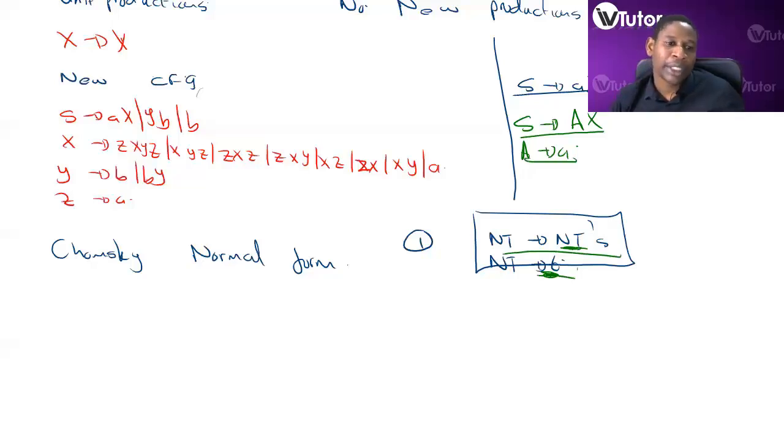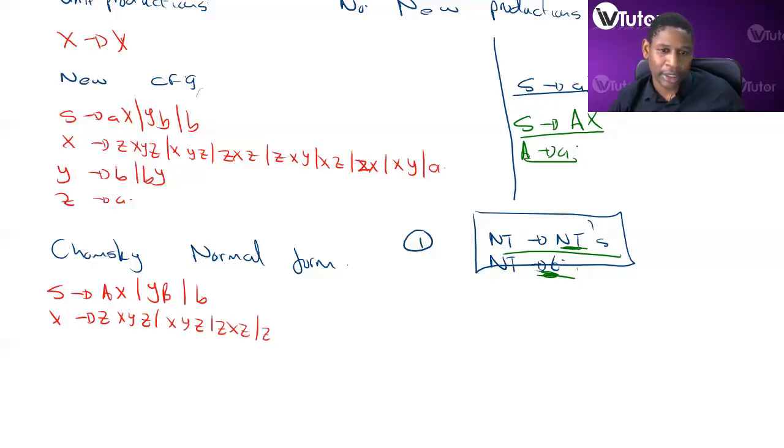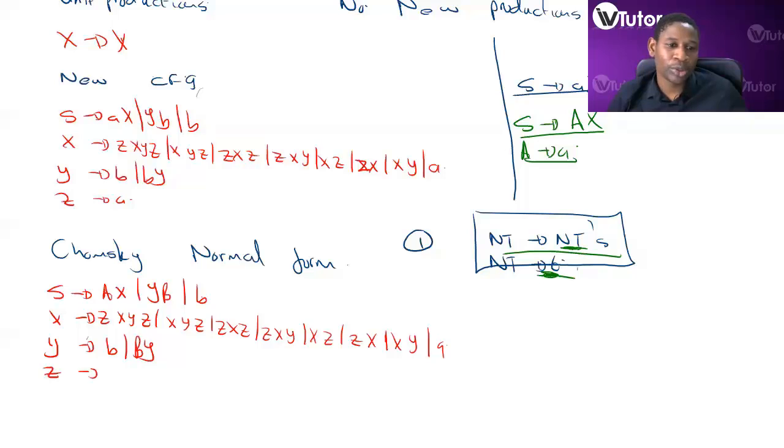So if we see here, you are going to have S goes to A X or Y B, B. X goes to Z X, Y Z, X Y Z, Z X, Z Z X Y, X Z, Z X X Y, or A. Then Y goes to B or B Y, and Z goes to A. And then we need to give the new productions for a and for b.